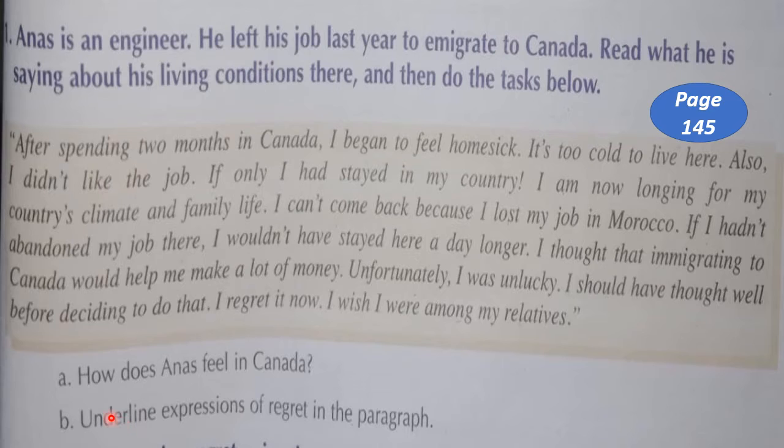So the first question is, how does Anas feel in Canada? We go back to the passage, we find that he said that he had begun to feel homesick. He's talking about the weather. It's too cold. He didn't like the job. So Anas is unhappy.